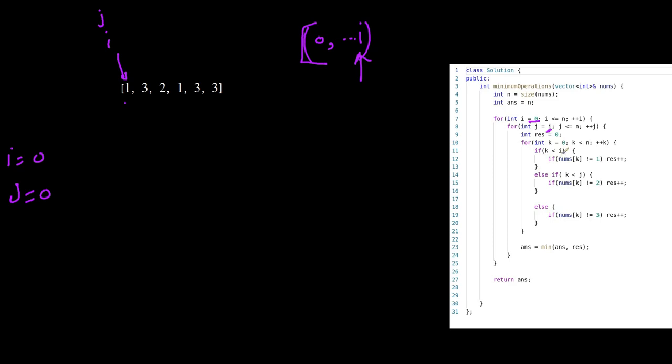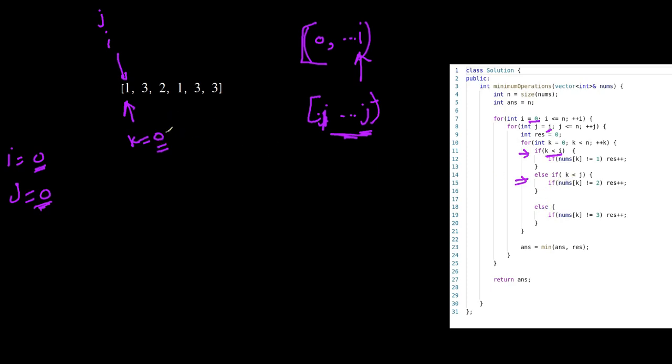So if k is less than i, let's start with k equal 0. 0 is not less than 0, so this condition doesn't apply. k less than j, no. The second segment starts at i and finishes at j, and j is not included. In this case j equals 0, so the length of this segment is also 0.